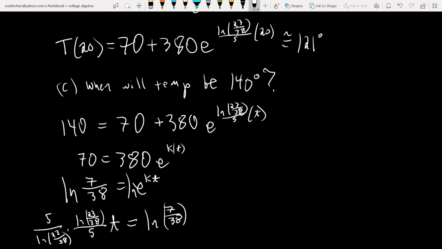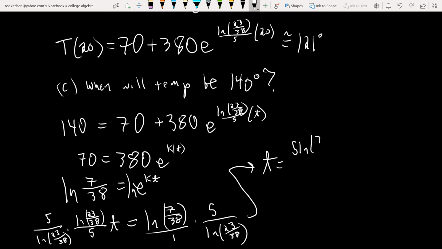A lot of writing. Okay, and then we get our final answer: t is 5 ln of 7 over 38, all over ln of 23 over 38. And you put that in your calculator and you get approximately 16.85 minutes before it hits that temperature.